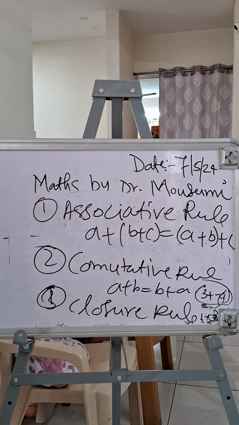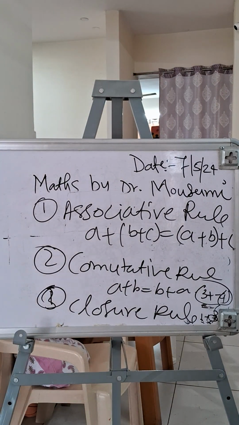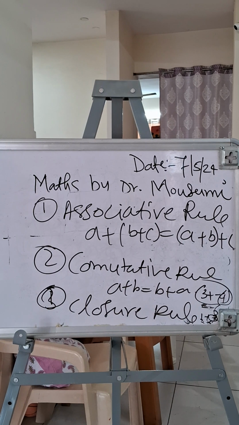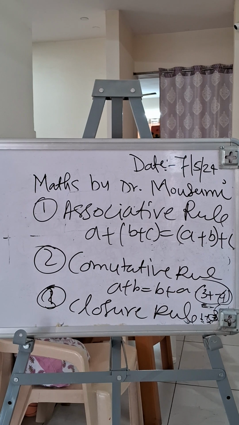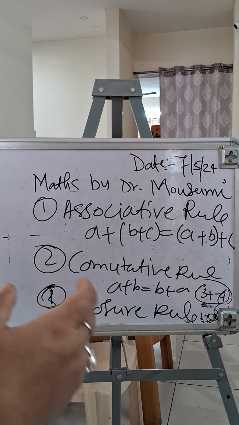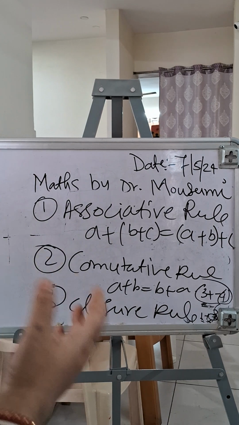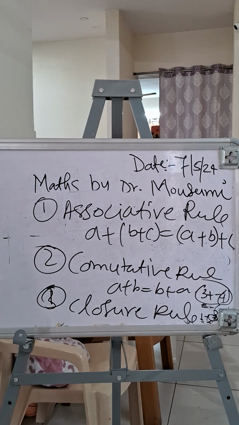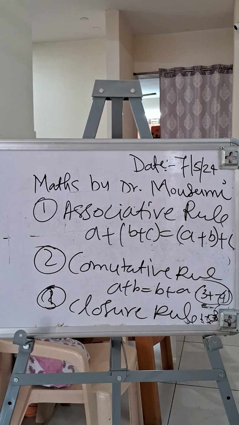In that way, when we add negative and positive values, we get an integer as the result. So for integers we have the associative rule, the commutative rule and the closure rule.